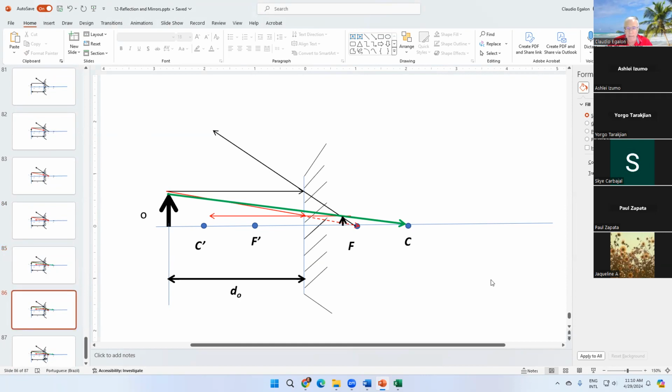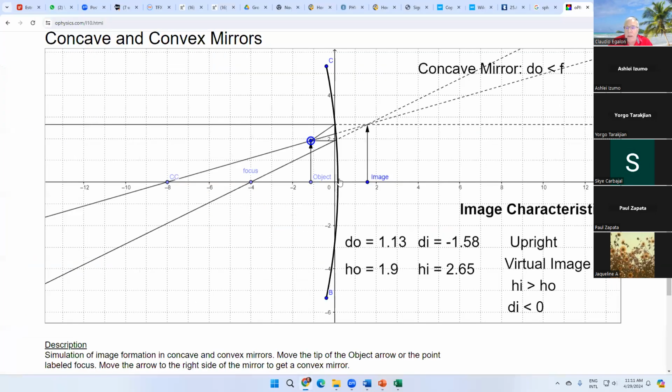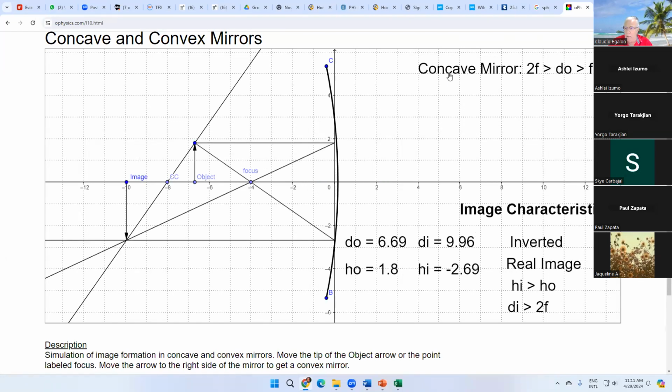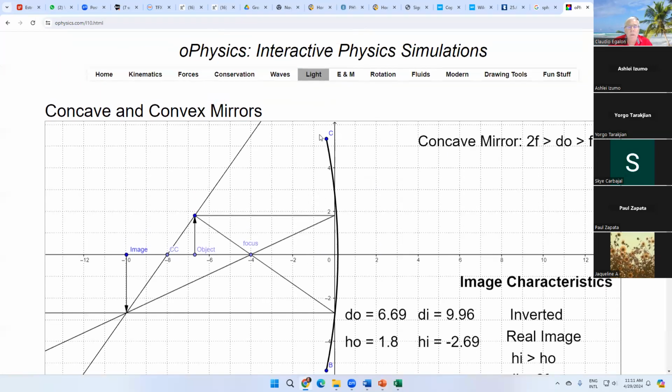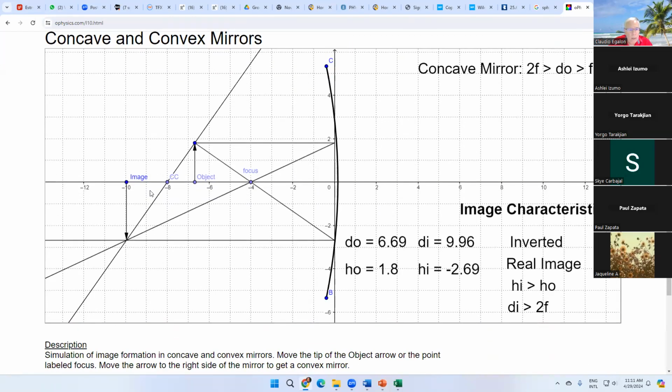And here, where the image is formed, we see the same thing in this simulation. Let's see if I can get concave mirror. How do I change that? Concave mirror, convex mirror. There must be a way. Oh, must be the center of curvature. Nope.